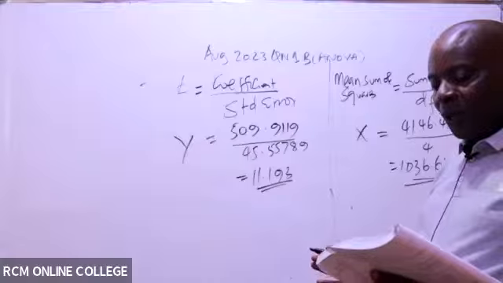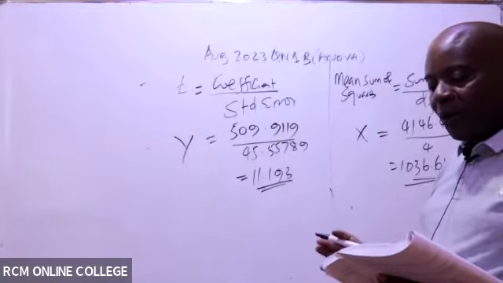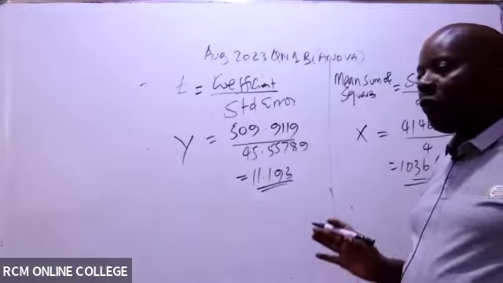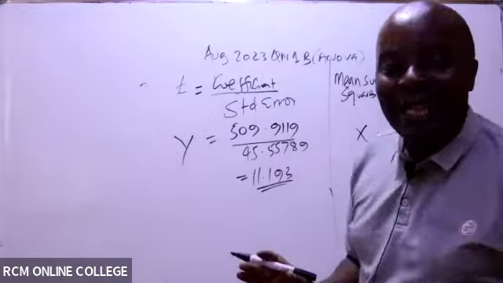Very good. So they want us to explain the explanatory power of the model using the coefficient of determination. This was an easy one.